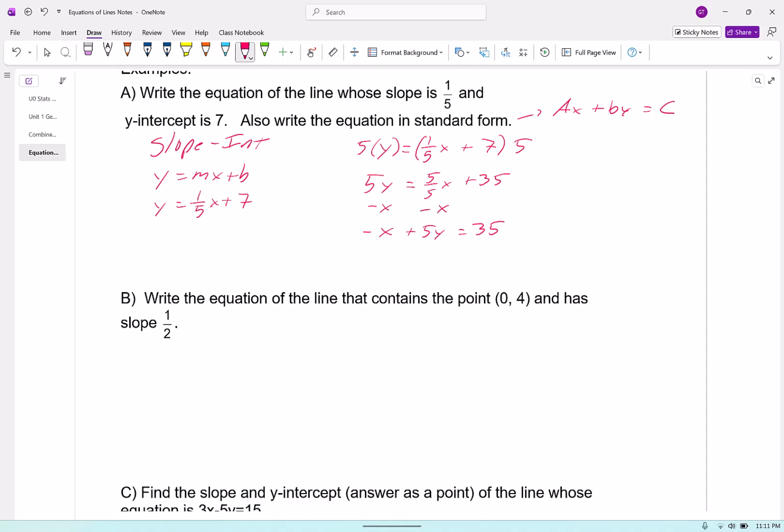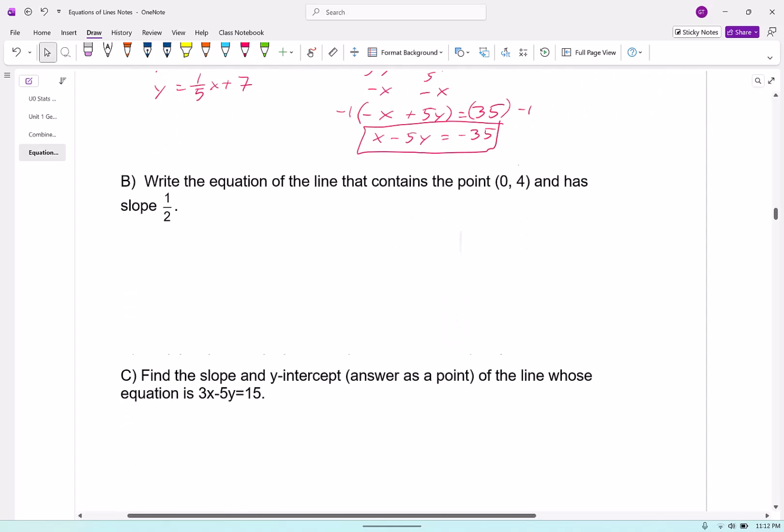And so now I have it in standard form. Now, technically, I'm not supposed to have a as a negative value, so I'd multiply everything by -1 on both sides to get x minus 5y equals negative 35 would be my final. So I had to start with slope-intercept and then convert it to the standard form.